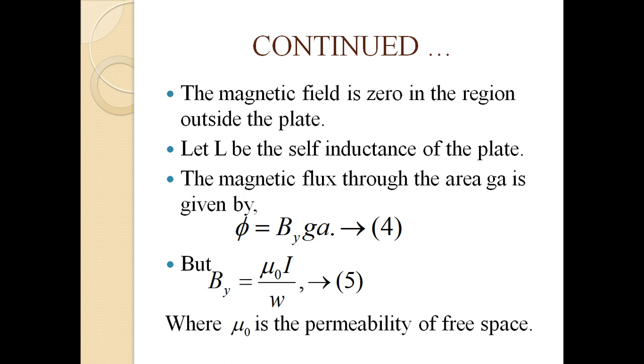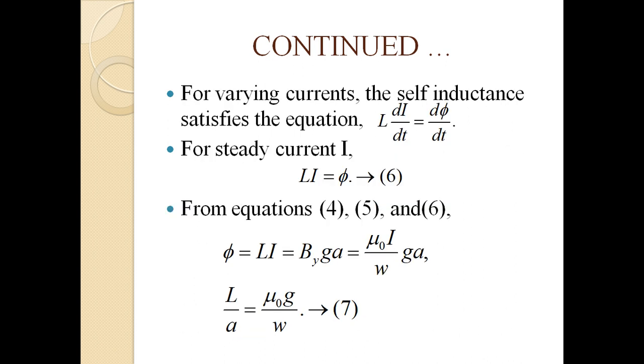Mu 0 is called the permeability of free space. Now, for varying currents, the self-inductance satisfies the equation L di by dt equal to d phi by dt.